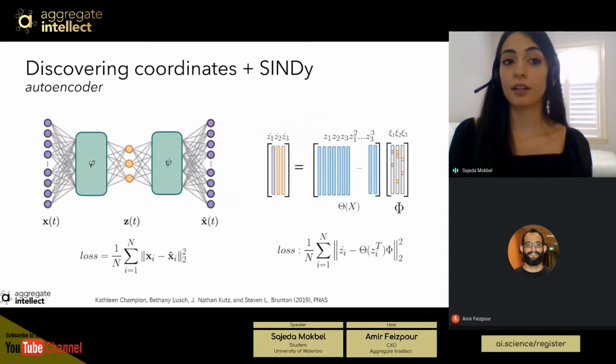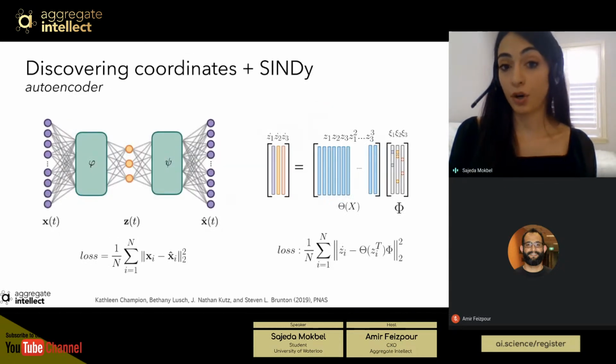And so this is done using an autoencoder along with SINDy. So an autoencoder is a model that basically reconstructs the data that you put into it. And it does this by getting it to a very low level space of just the very few coordinates or nodes that can describe the data.